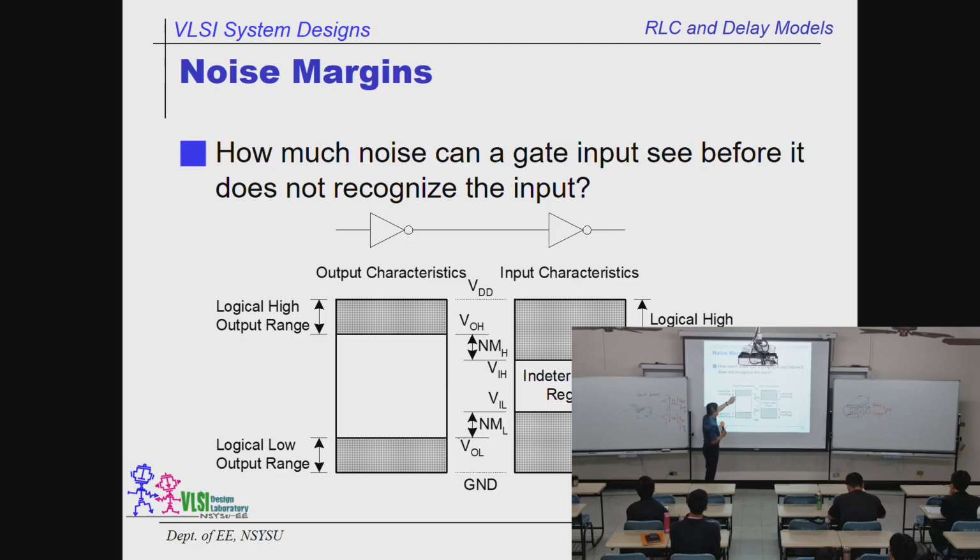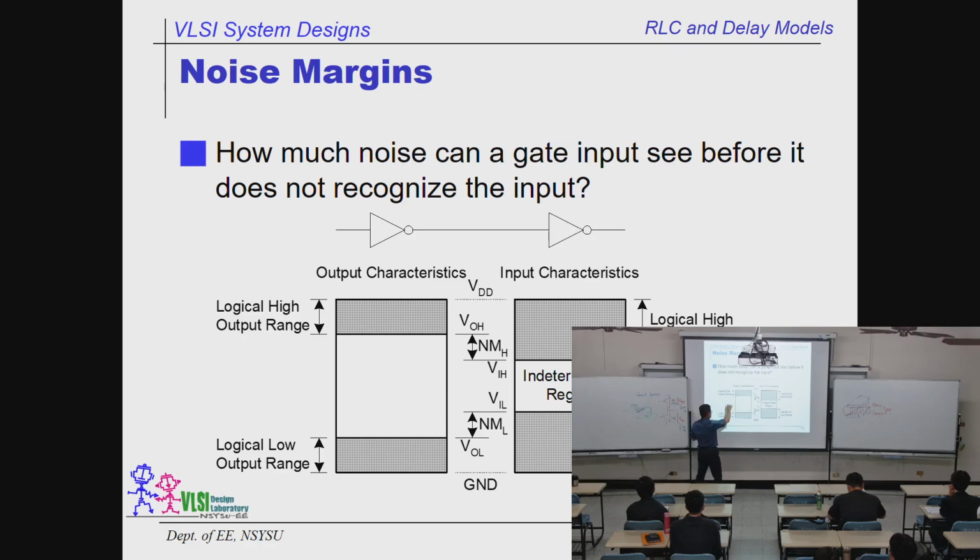See, let's assume we have a threshold. And this is a VDD, this is a ground, of course. So every voltage above this threshold, we consider that is 1. All right? And this is logical low. Everything below this line, we call this low. And how do we define this?